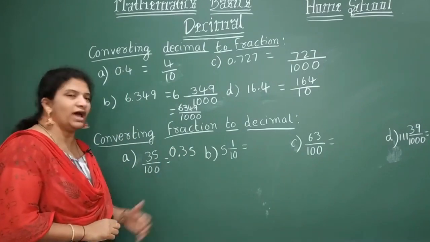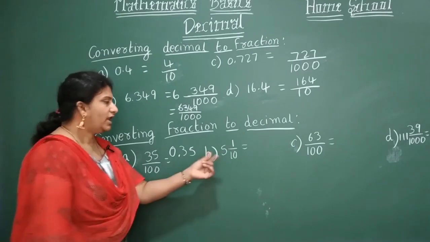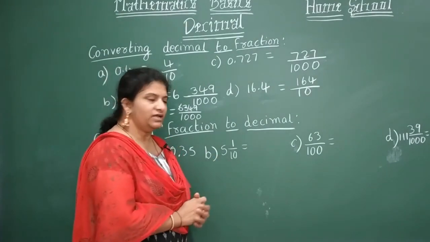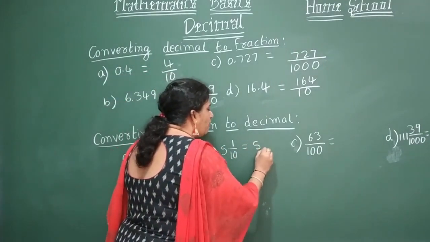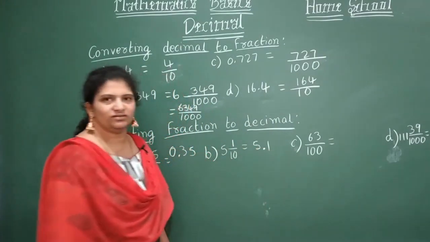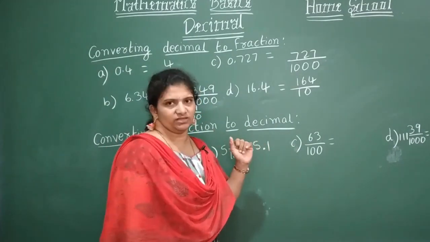Right? The 0 has no value. 0.35. Now look here, 5 and 1 by 10. How do you write this, children? You can write this as 5.1, since the 10th position is 1.